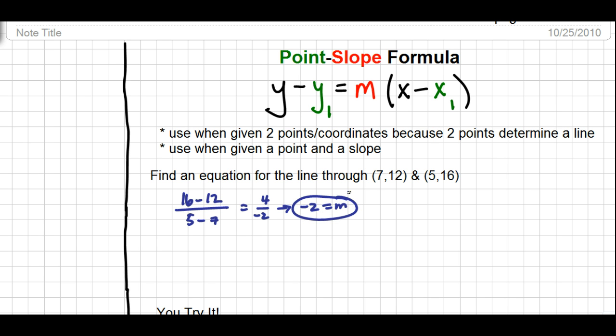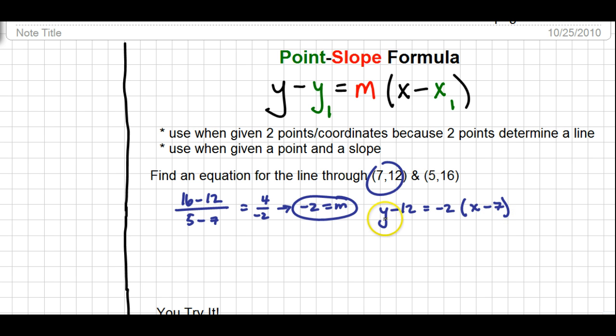Then I'm going to choose one of the 2 coordinates and plug that in for x1 and y1. There is no right or wrong here, you simply need to make a choice. I'm going to choose the first one, and I'm going to plug in the y value for y1, the m that I just calculated, and the x value for x1.